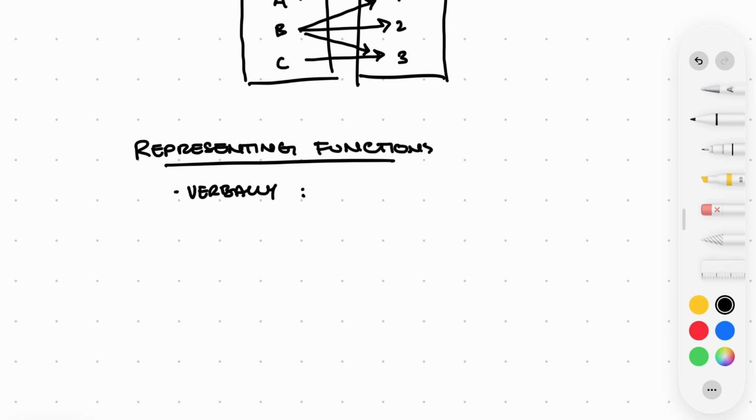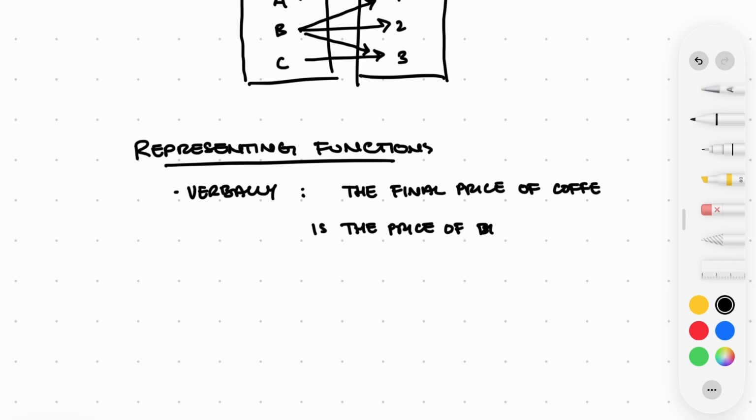So for example, verbally, I could say the final price of coffee is the price of black coffee and, right, so like what I would add, 10 cents, maybe 10 cents for each additional add on.